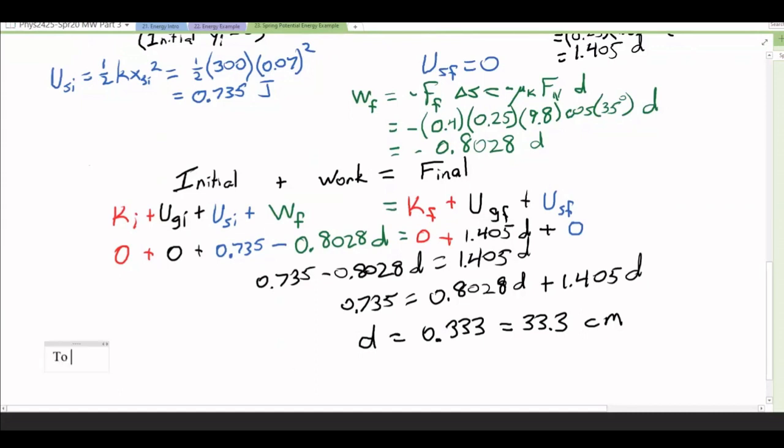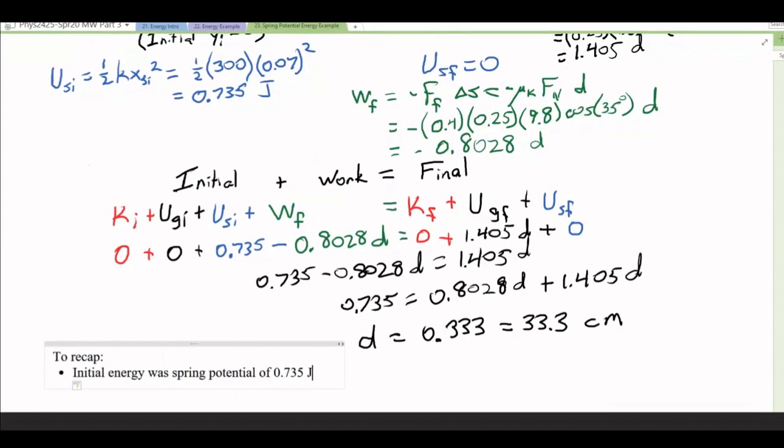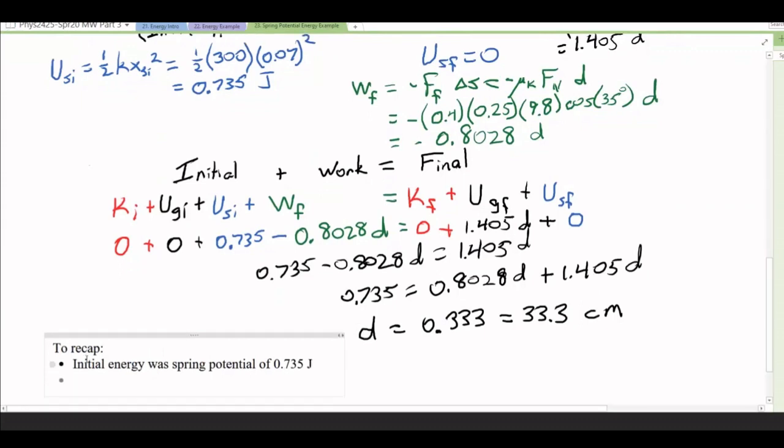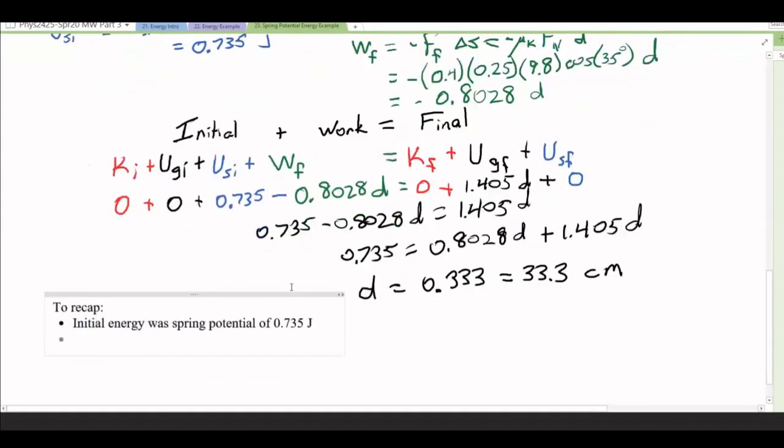So to recap, the initial energy was spring potential energy of 0.735 joules.